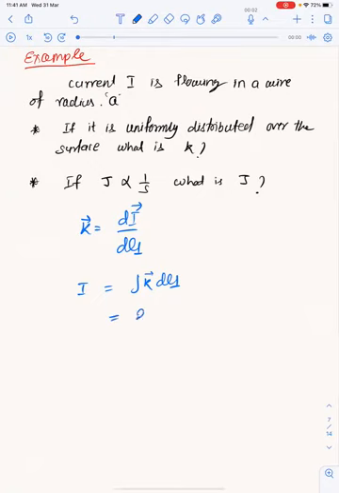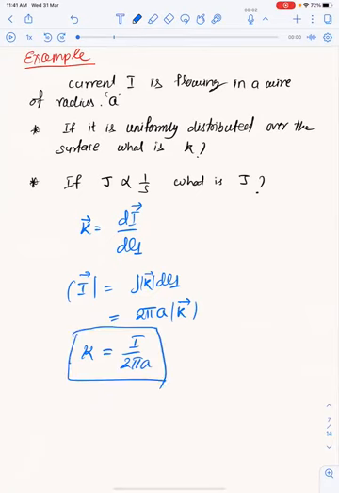If your radius is A, the circumference is 2 pi A. Because it's flowing along the wire, we can forget about the direction, so the magnitude K is nothing but I by 2 pi A. This is for the case where the current is uniformly distributed over the surface.